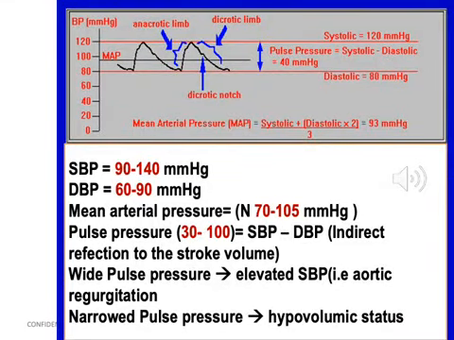Again, here we can see the wave: the systolic blood pressure is the highest point and the diastolic is the lowest point.